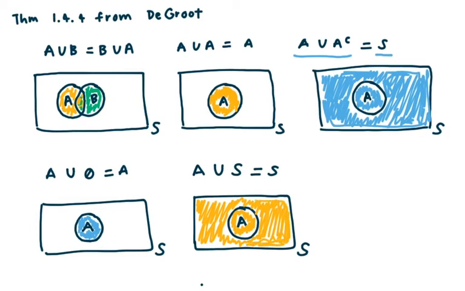That means the whole entire sample space is shaded in, which is why A union S is equal to our sample space S.